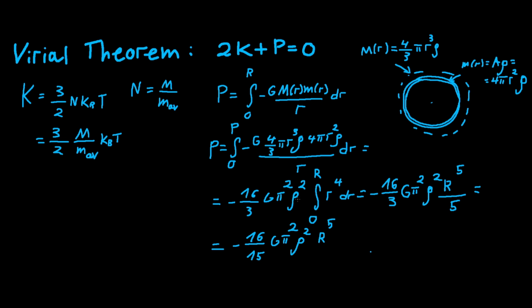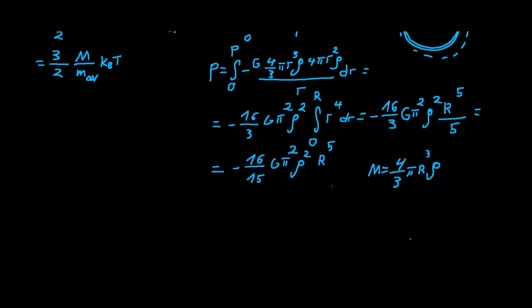So keep in mind that M equals 4/3 pi r to the third rho. Put both sides to the second power and solve for rho squared.